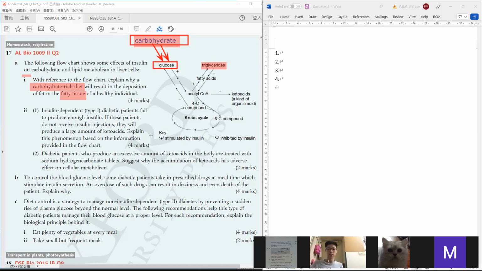Any of you can answer. I just wait for your answer. Do you think when you eat a lot of carbohydrate, you have lots of glucose? Stay awake, stay awake.